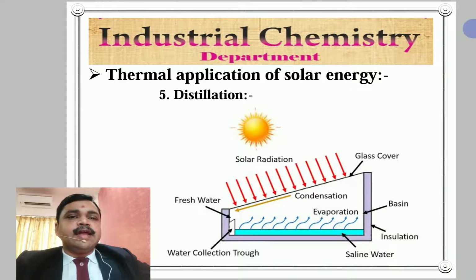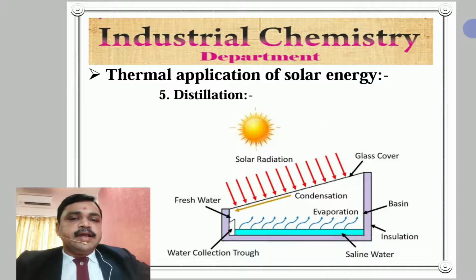When solar radiation starts the heating, it heats up the water by about 10 to 20 degrees Celsius. Please note that temperature. Solar radiation heats up the water by about 10 to 20 degrees Celsius and causes it to evaporate. So evaporation will start with this 10 to 20 degrees Celsius rise.